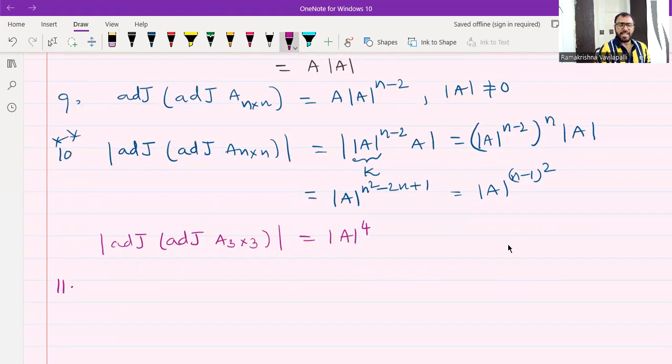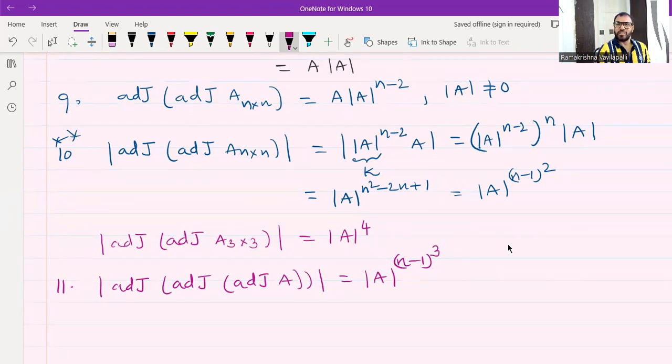So if I take 3 adjoints, the determinant of adjoint of adjoint of adjoint of A. Here I have taken 3 adjoints. Now this is nothing but det A to the power of n minus 1 whole cube. So here we got n minus 1 whole square, here n minus 1 whole cube.